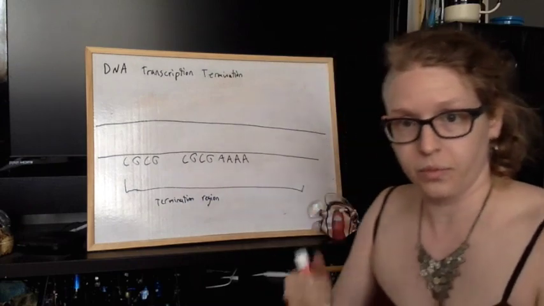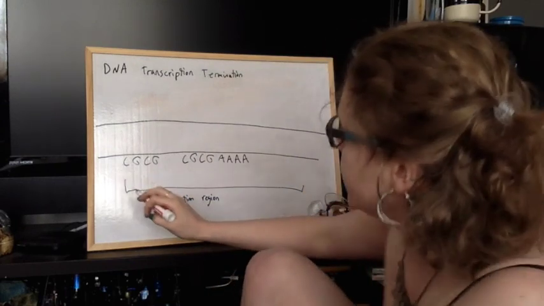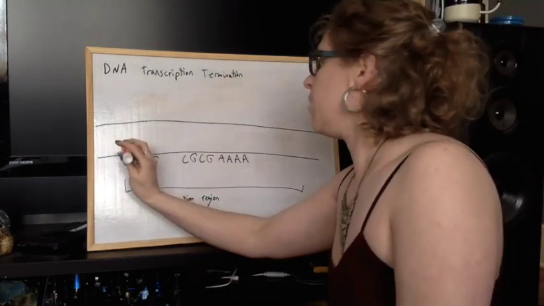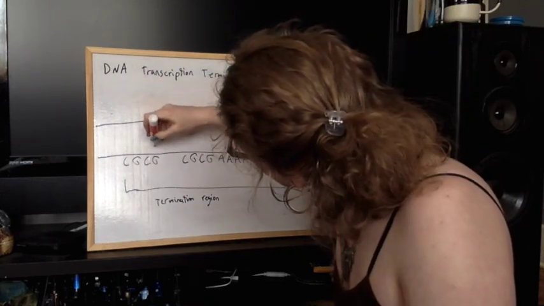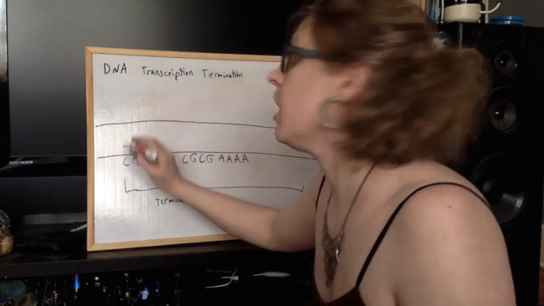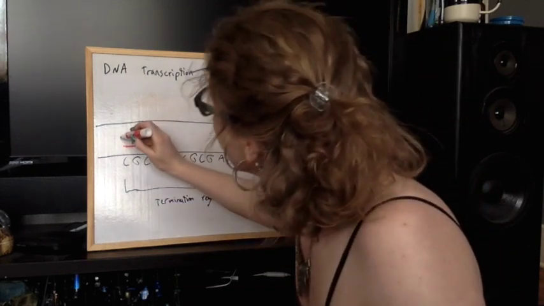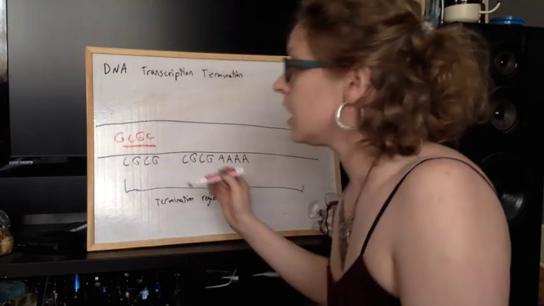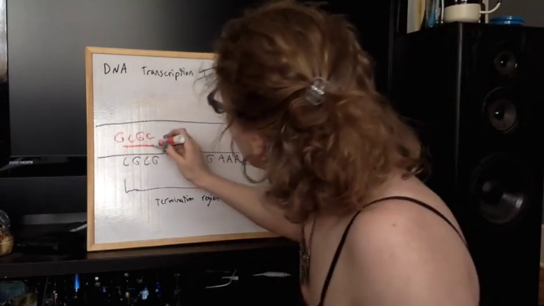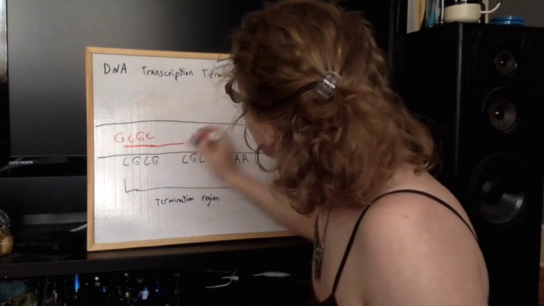So, as the RNA polymerase comes on, it's going to build its RNA antiparallel. So, GC, GC, like that. And then we've got our other stuff.